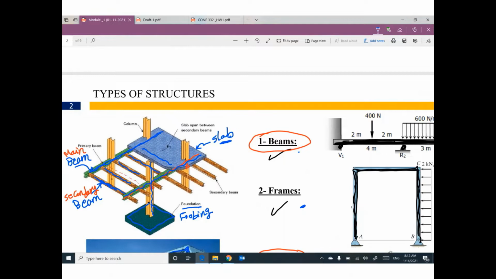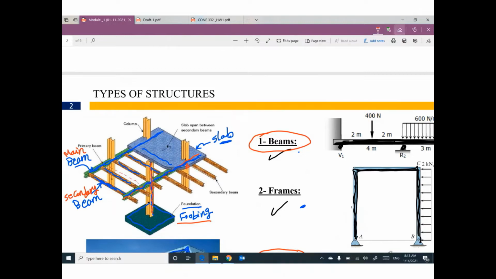And the main beams are supported by vertical columns. And finally, the vertical columns are supported by foundation. This is called a statical system, the sequence of load, the sequence of loading.